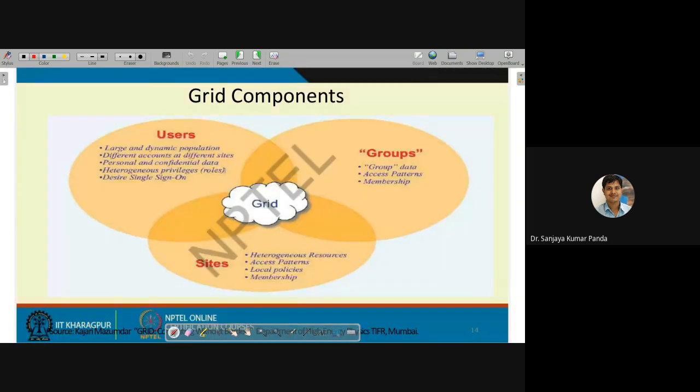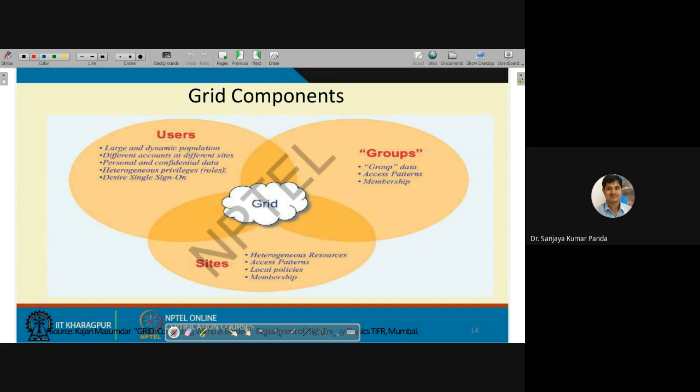Now here you can see a set of user components. Especially, there are three important components of grid computing. One is user. User means you may be a user, I may be a user, your friend may be a user. Anybody who wants to get a resource or share a resource.